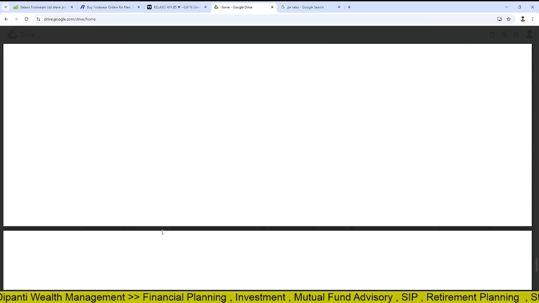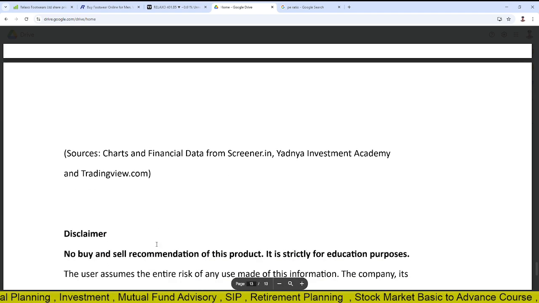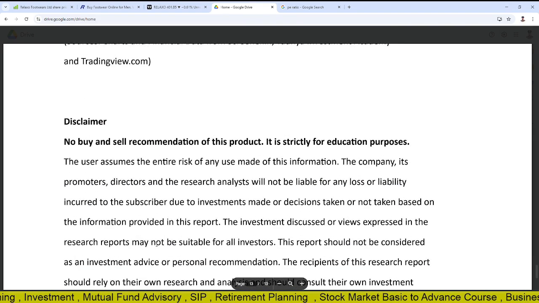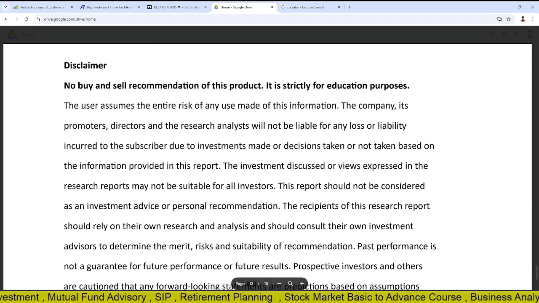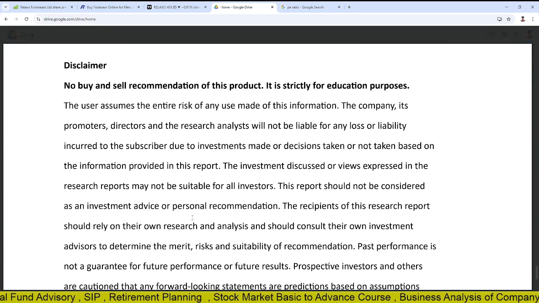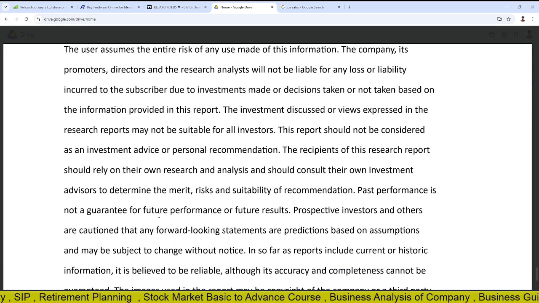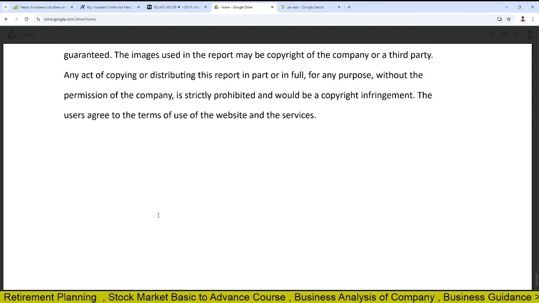All this information is sourced from charts, and financial data is taken from Screener.in and Invest in Yadna Academy, and the chart is analyzed from tradingview.com. This is the disclaimer: no buy and sell recommendation of this product. It is strictly for educational purposes, and you can read all the disclaimer accordingly.